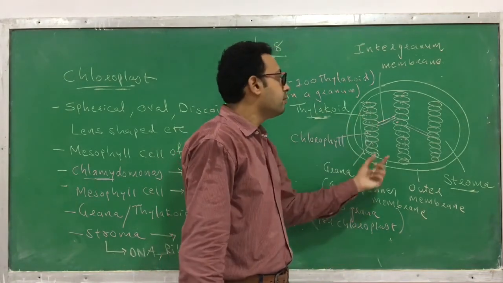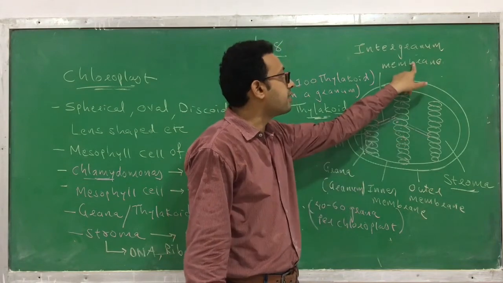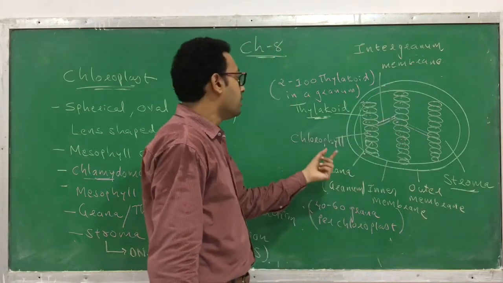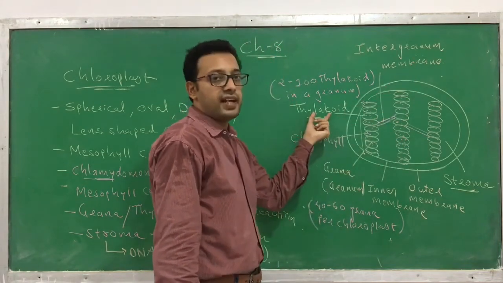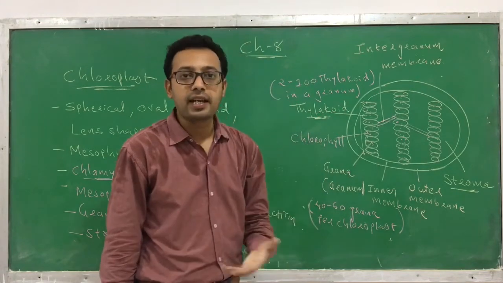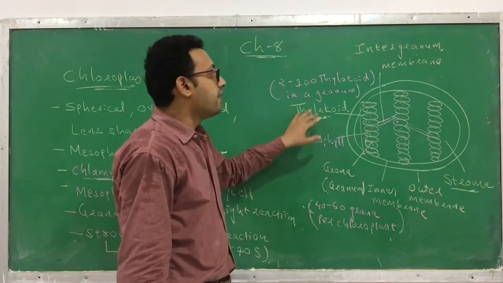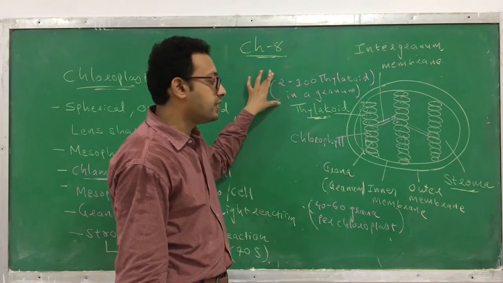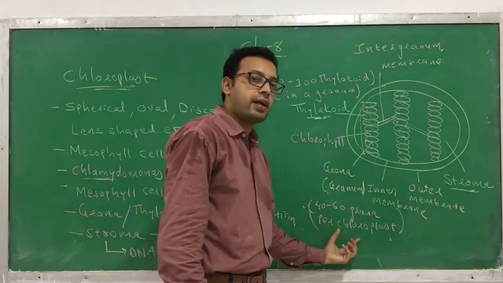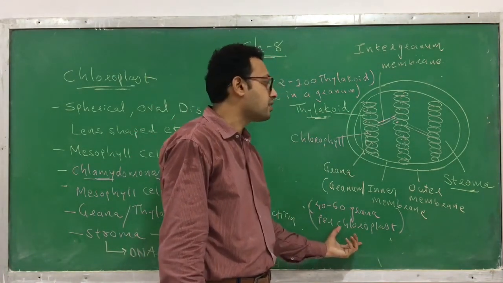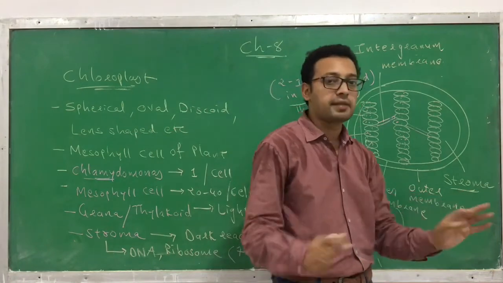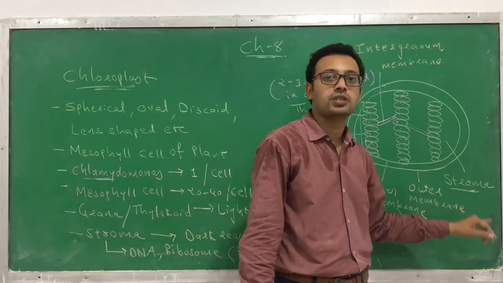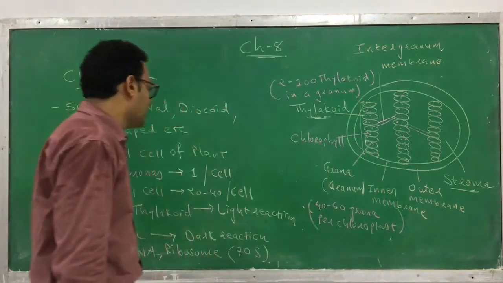The grana are connected by the intergranum membrane. The granum is made up of flat lamellar structures, which we call thylakoids. In 1 granum, 2 to 100 thylakoids are present, and in 1 chloroplast, 20 to 40 grana are present. The rest portion, except the thylakoids and grana, is called the stroma.